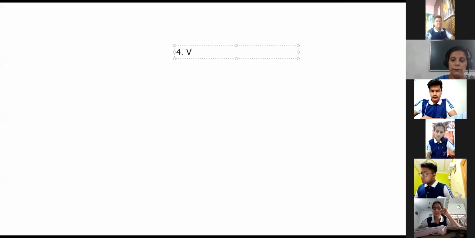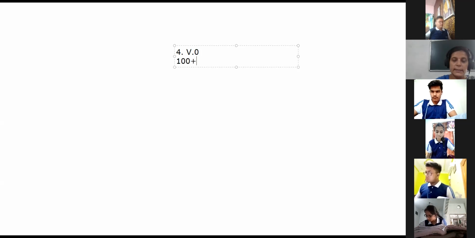So value of output is 100 plus minus 10, because this is sales plus change in stock.